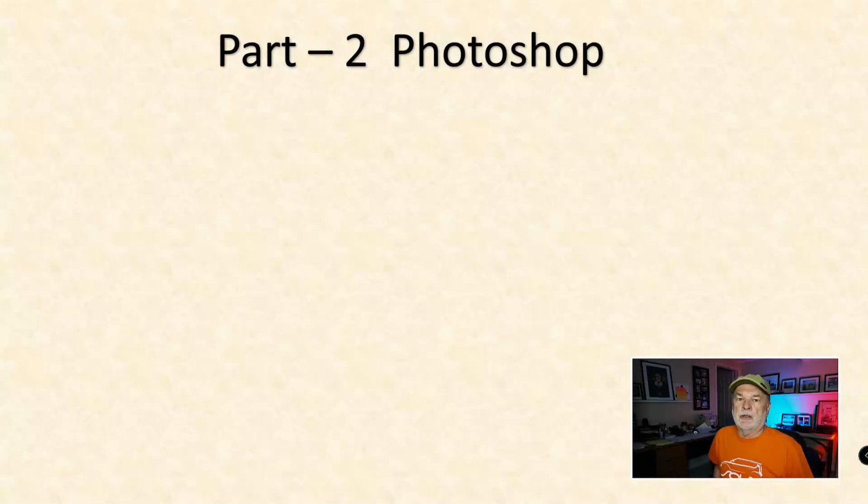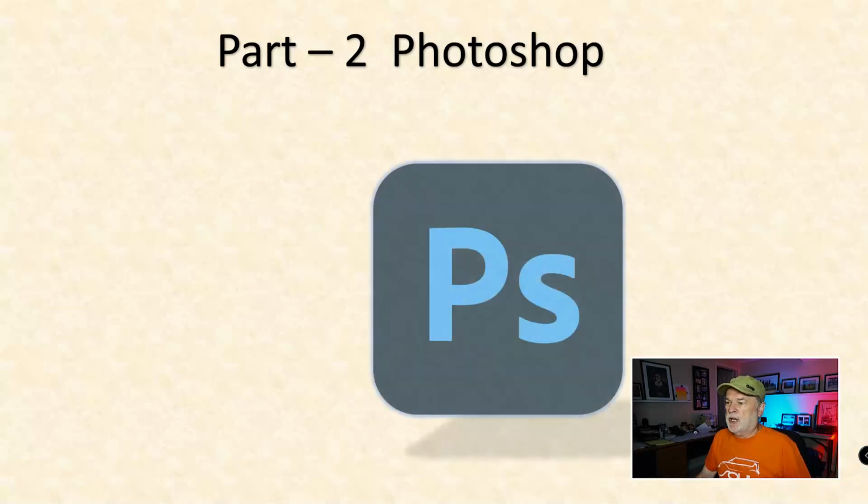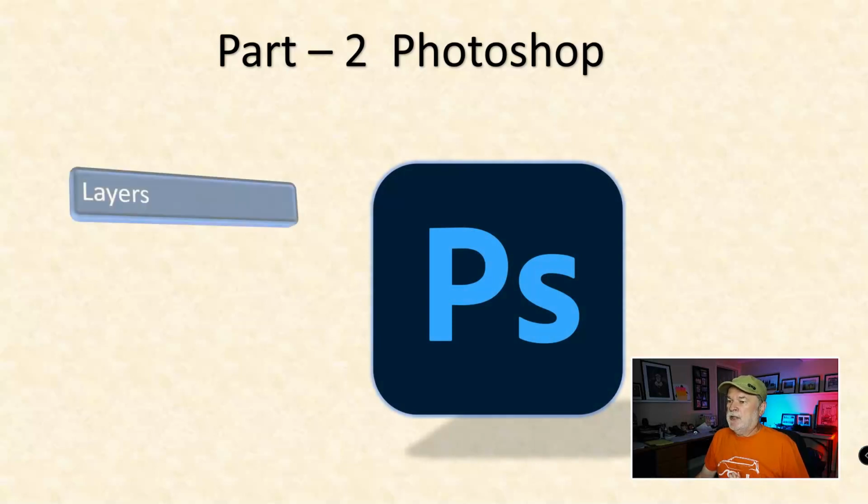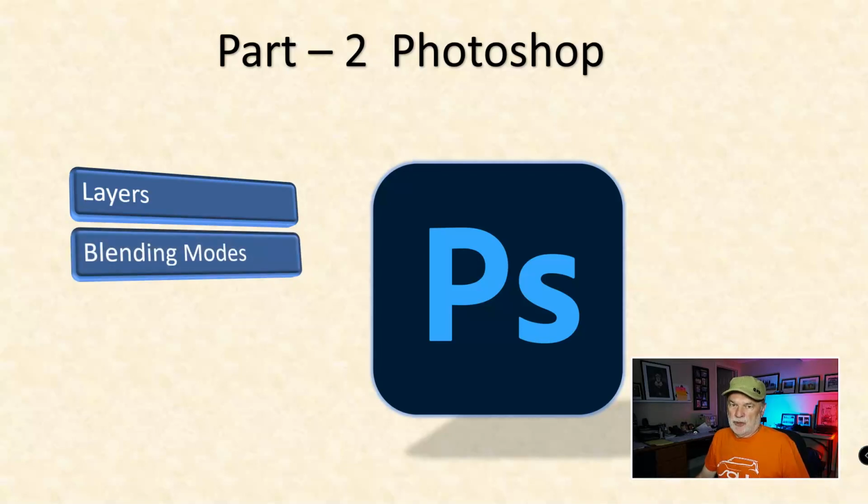I'll work on two projects. And my first attempt is going to work on a single image in Photoshop. And so when I bring this into Photoshop, one of the things I'm going to do is work in layers. Now, I'm going to do some basic things in layers. I'm not going to do any high-end stuff. I'll probably use blending modes on this, and this is going to be very subjective.